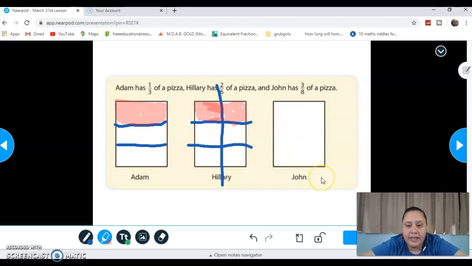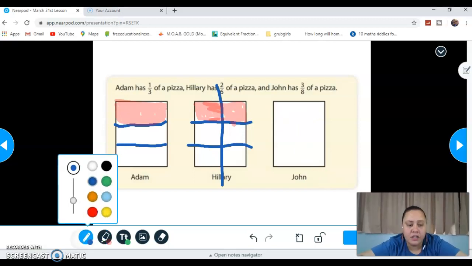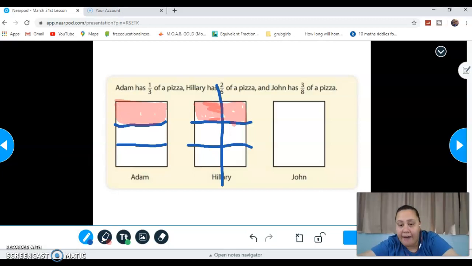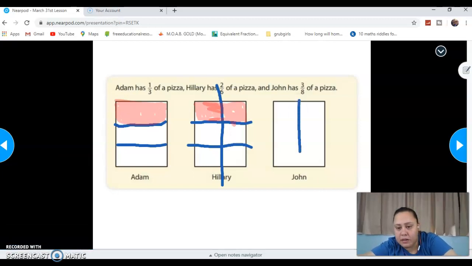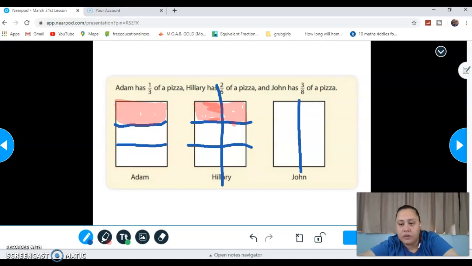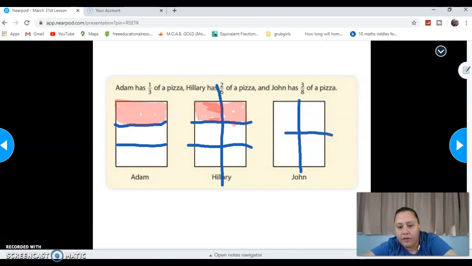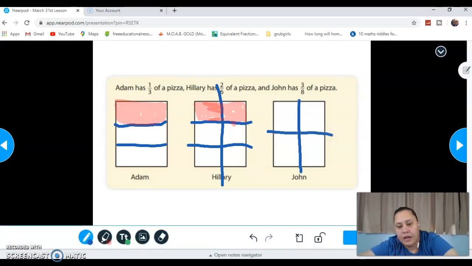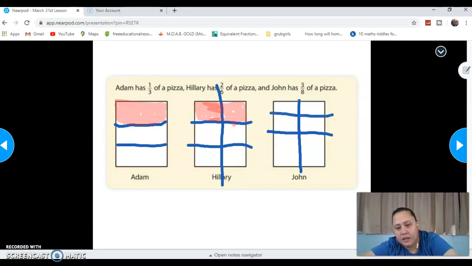And then the final one is eighths. Eighths are cousins of fourths, and fourths are cousins of halves. So I'm going to half my pizza first. And then I'm going to make fourths. And then I'm going to make eighths.